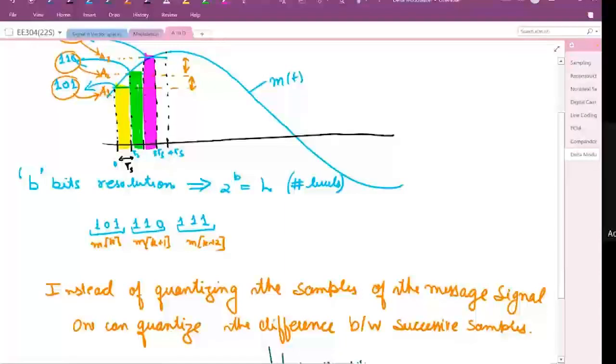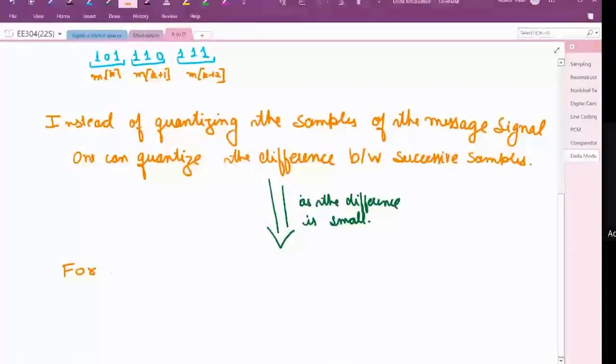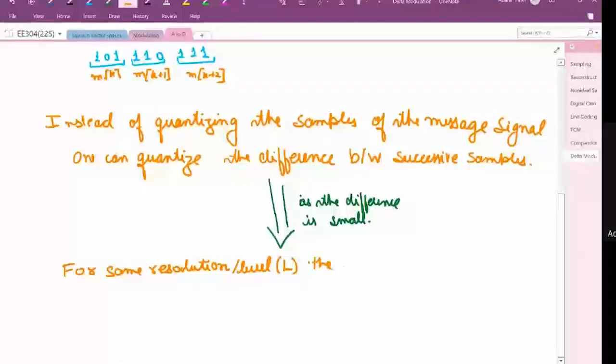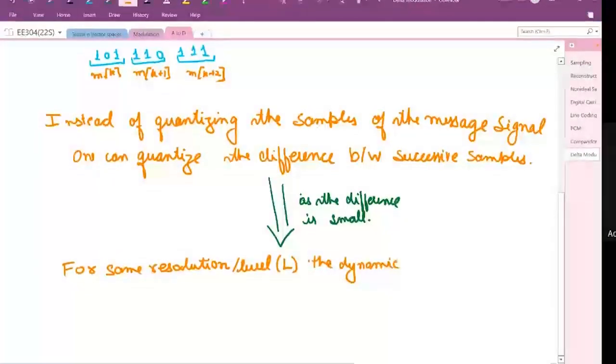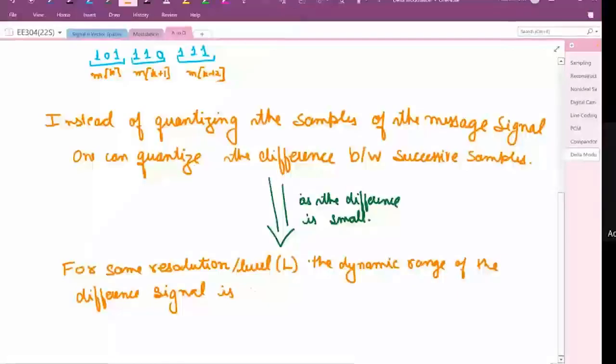If I have a resolution of b bits, for the same resolution, or level L, the dynamic range of the difference signal is small.